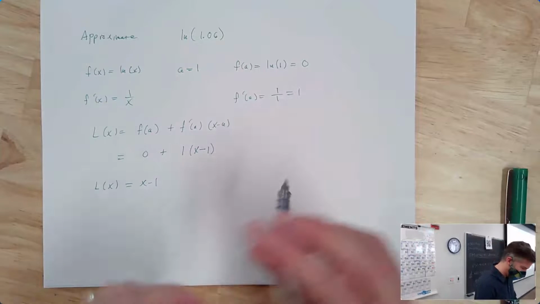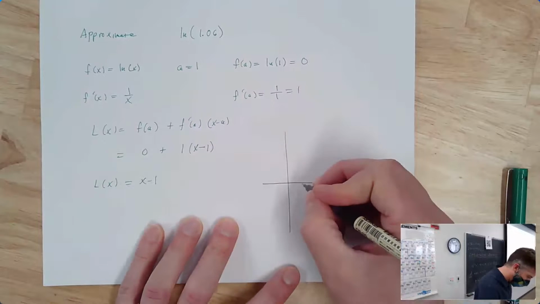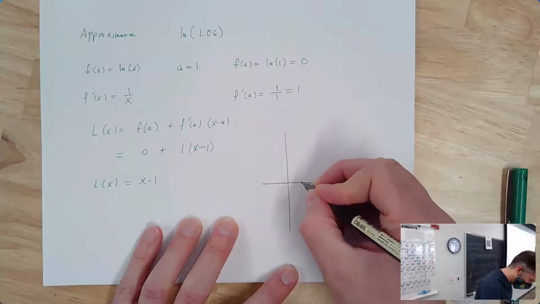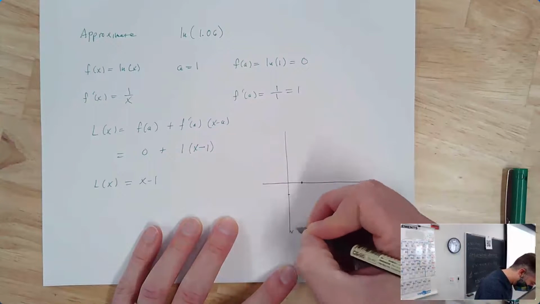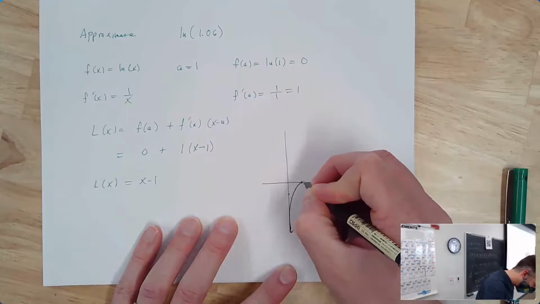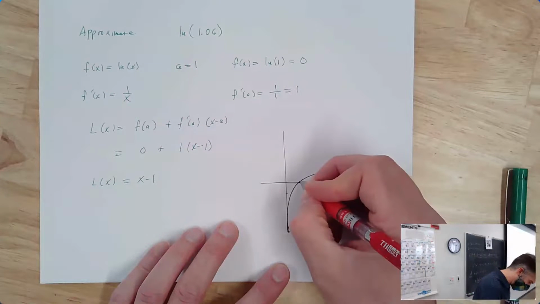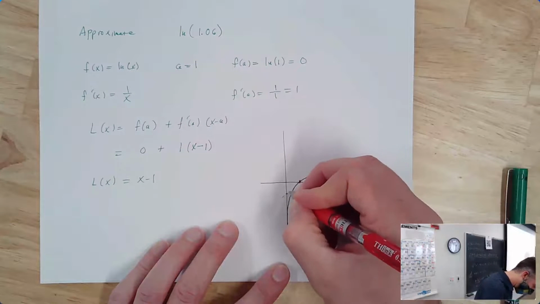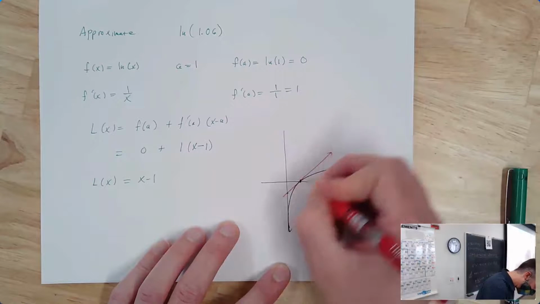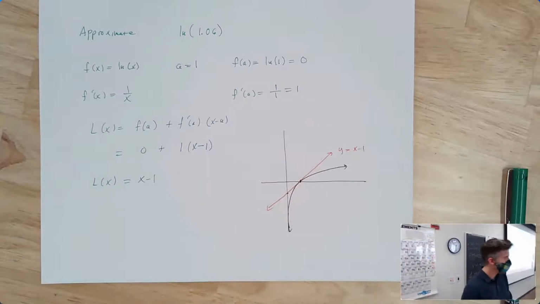Graphically, just in case you're curious, here's what's going on. Here's my logarithmic function. It passes through the point 1, 0. It looks kind of like this. And the tangent line at the point 1, 0 is the line y equals x minus 1.